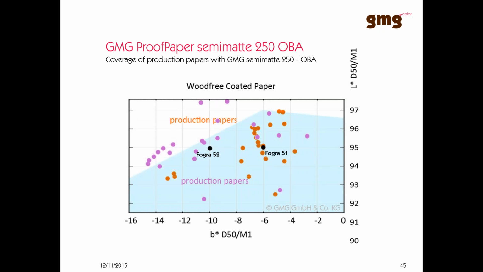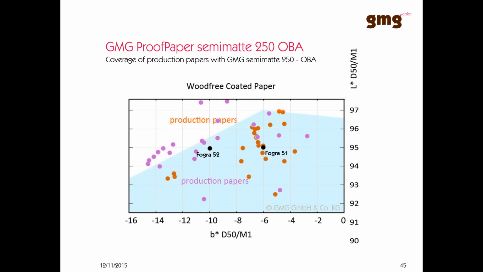So this, beside the fluorescent effects that we are really taking into consideration with using an OBA proofing substrate, gives a huge advantage in using OBA papers.